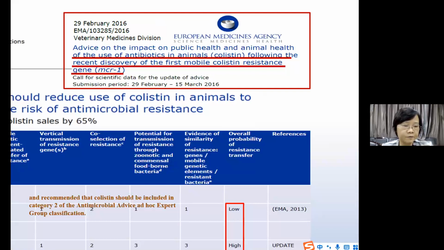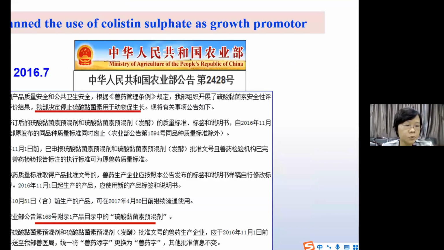Due to the harm of MCR1 and its global spread, experts and governments expressed their concern on the risks of colistin in animal use, and EMA initiated the reassessment of colistin in February 2016 and planned to reduce the distribution and sales of colistin by 65%.